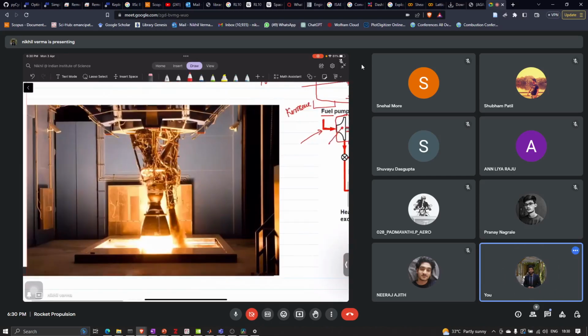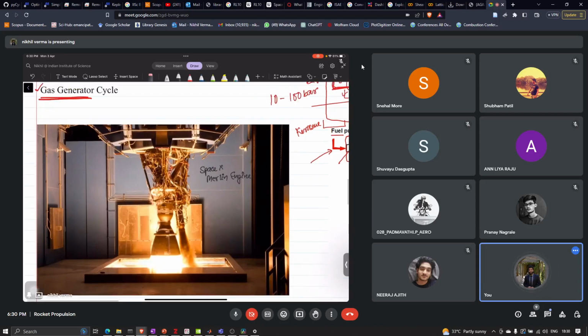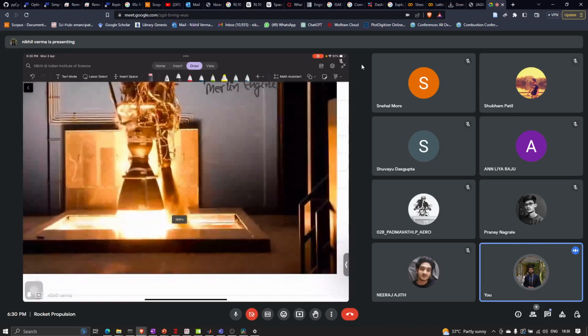This is the SpaceX Merlin engine, which uses this concept of the gas generator cycle. As you can see, this is your combustion chamber, this is your throat, and this is your nozzle.